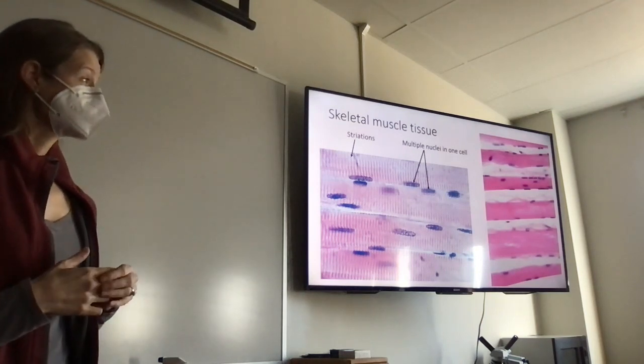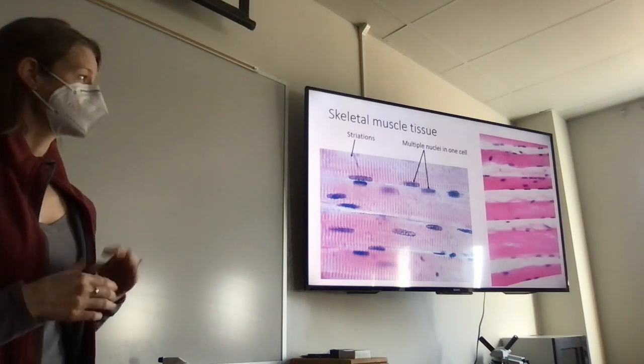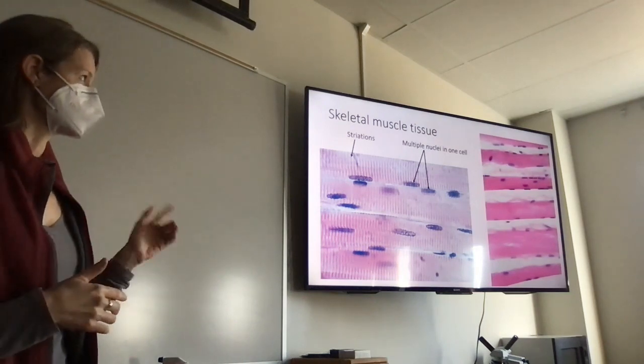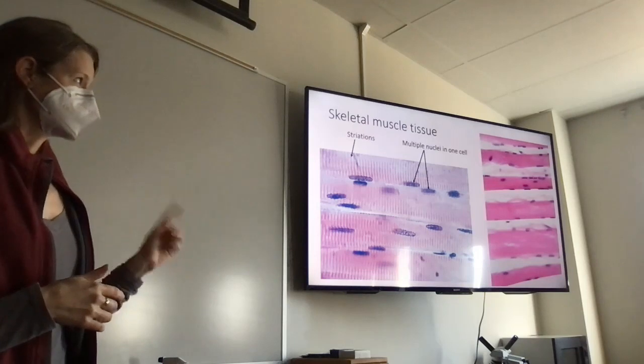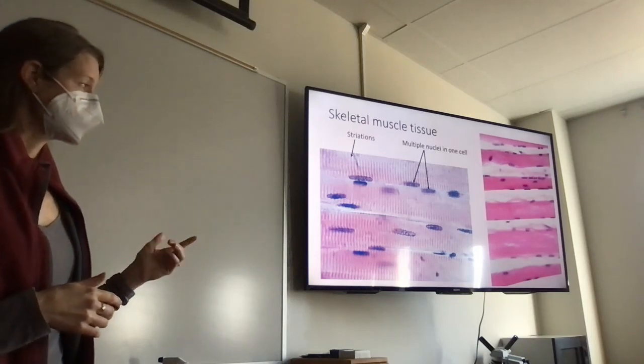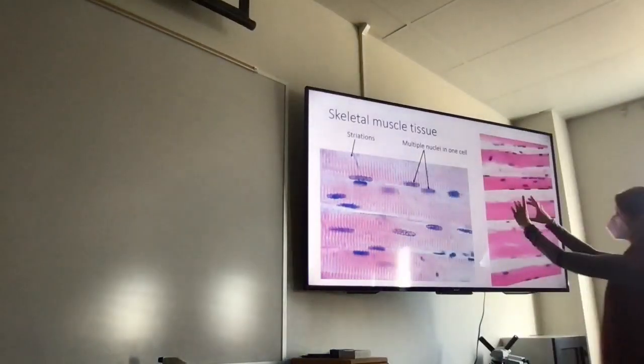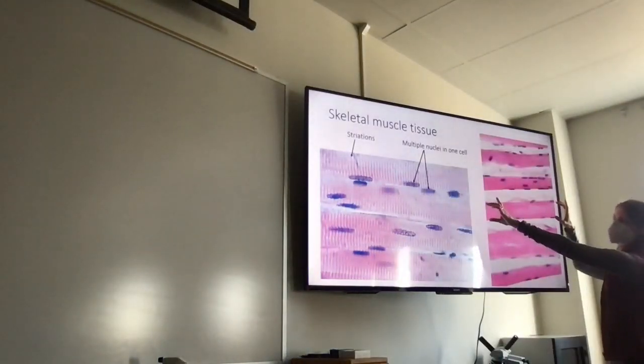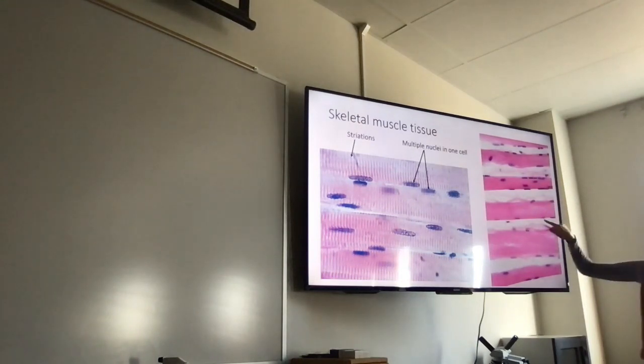This is pretty easy to identify because you have really obvious stripes, which are called striations on these cells. And this is actually all like one line of this. This is one cell. So the cells are really long. There's no divisions between them. And they have a bunch of nuclei in one cell.